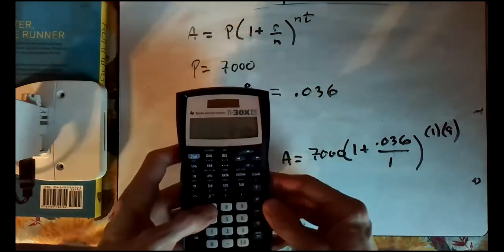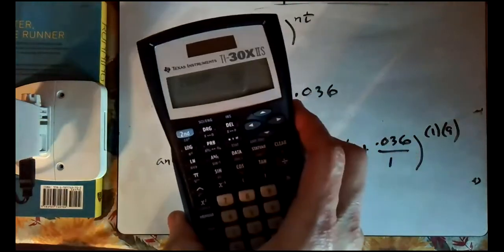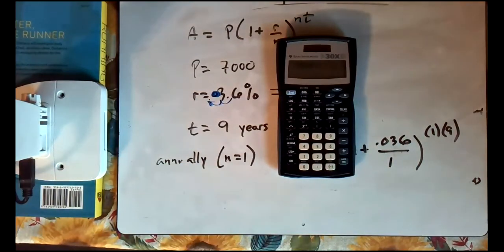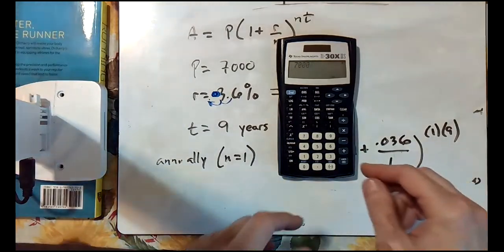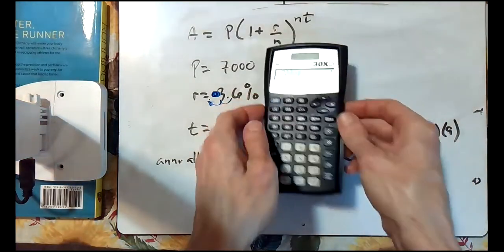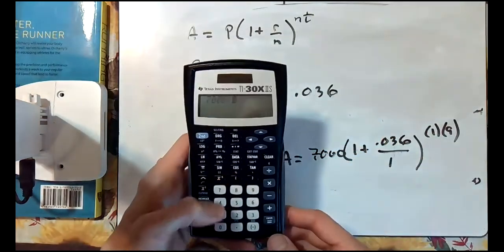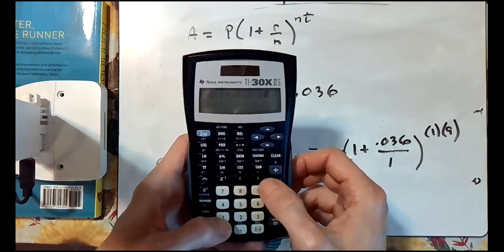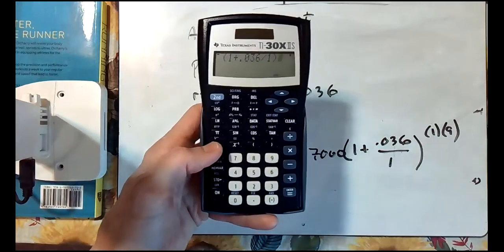All right. So what we can do is we can say 7,000, and then open parentheses 1 plus 0.036 divided by 1, close parentheses, caret key right here.